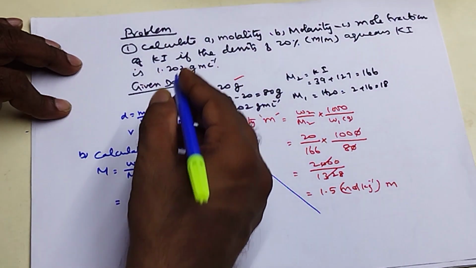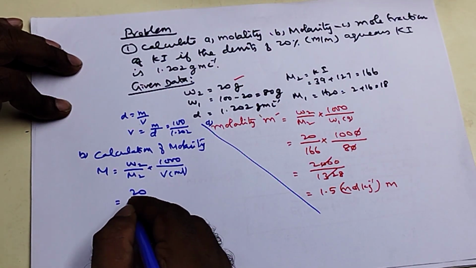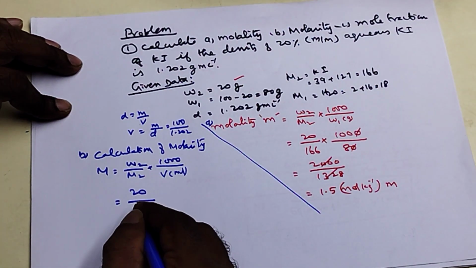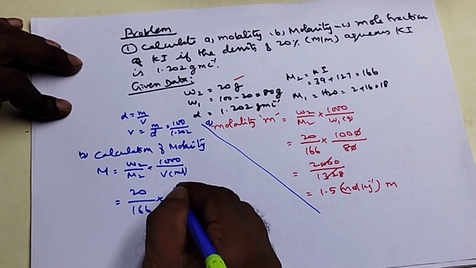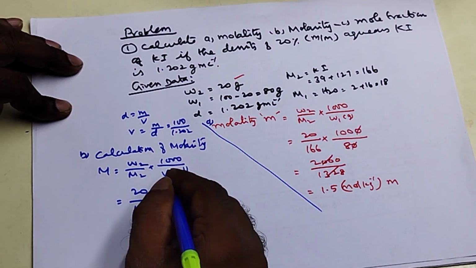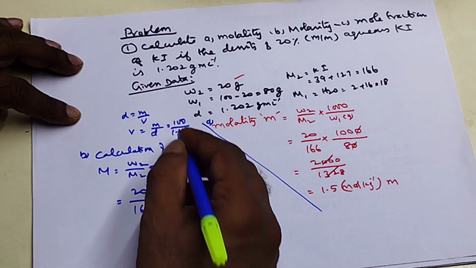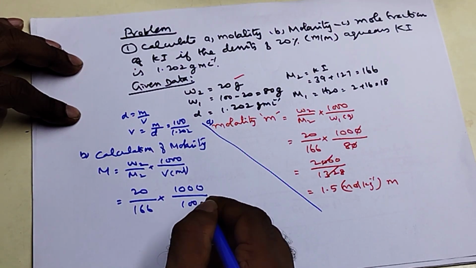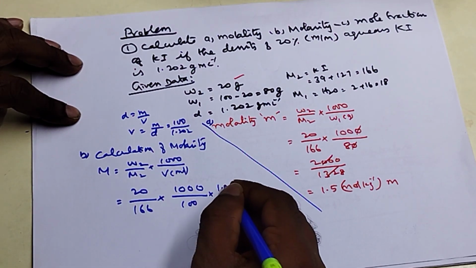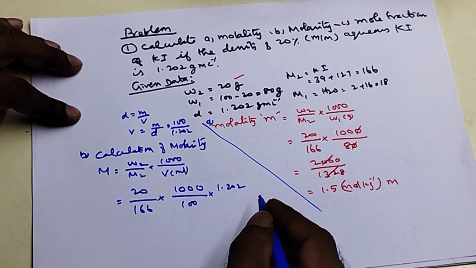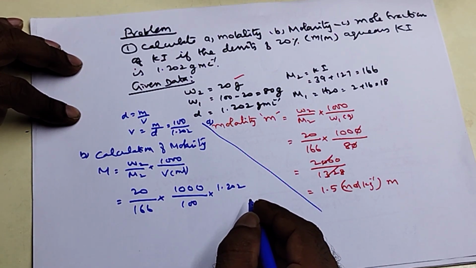So, W2 we know is 20 grams, divided by the molar mass of solute, 166, into 1000 divided by, in the place of V, the volume of the solution, which is 100 divided by 1.202 gram per milliliter.